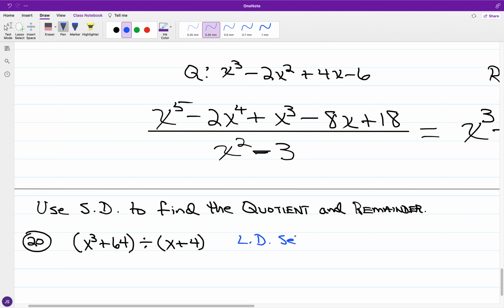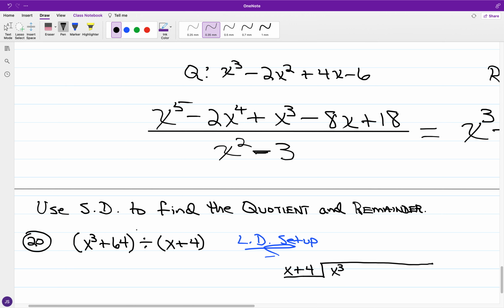for the long division setup, we're not using long division, but just setting up, make sure we don't have any missing degree terms. So we've got x plus 4, and for x cubed plus 64, we have x to the third.